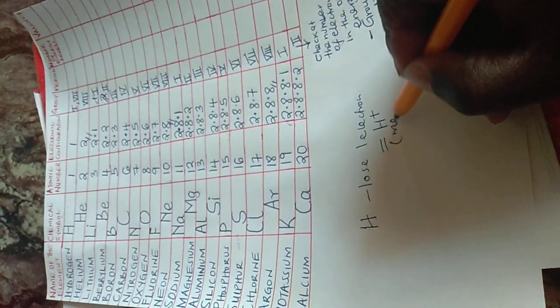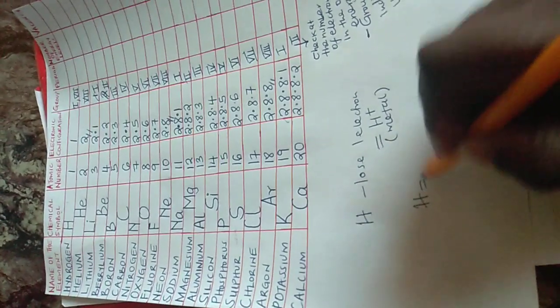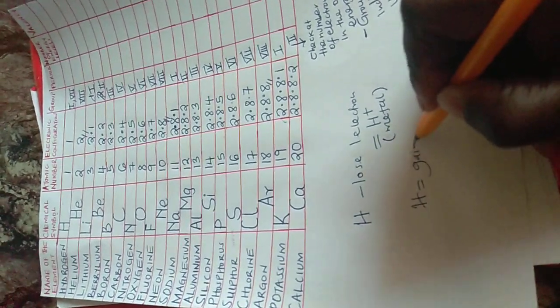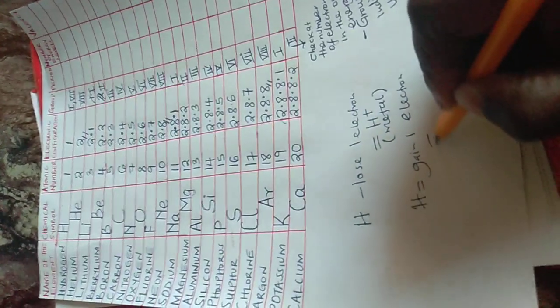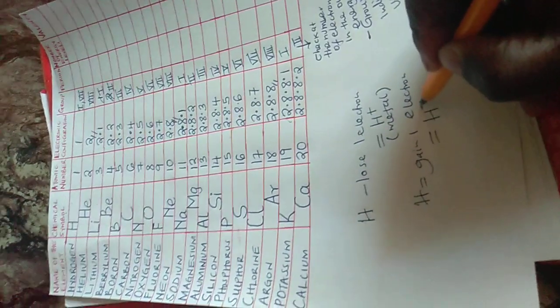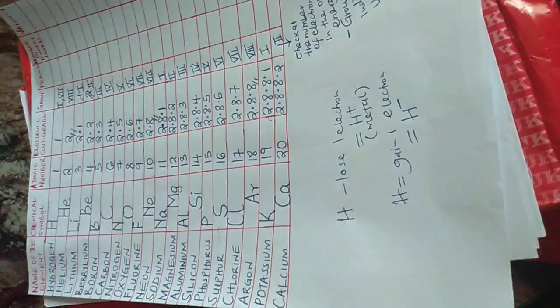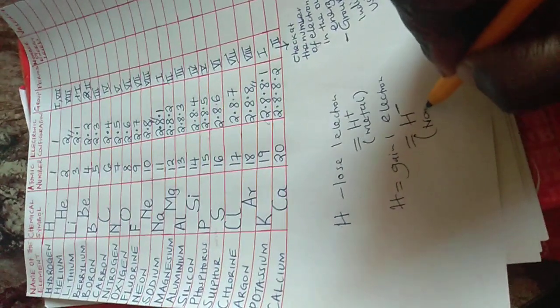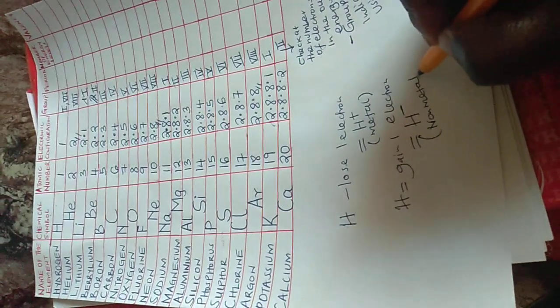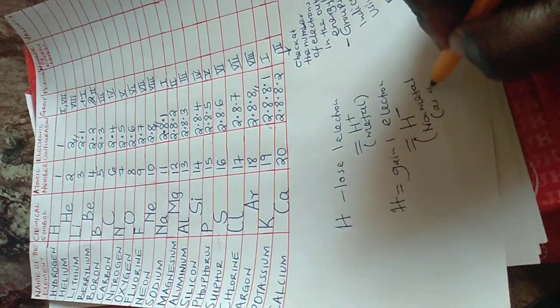Wakati huu ina behave like a metal. Hydrogen inaweza pia behave by gaining 1 electron. That time itakuwa hydrogen with a negative, like the group 7 halogens. This time it is behaving like a nonmetal, and specifically as a halogen.